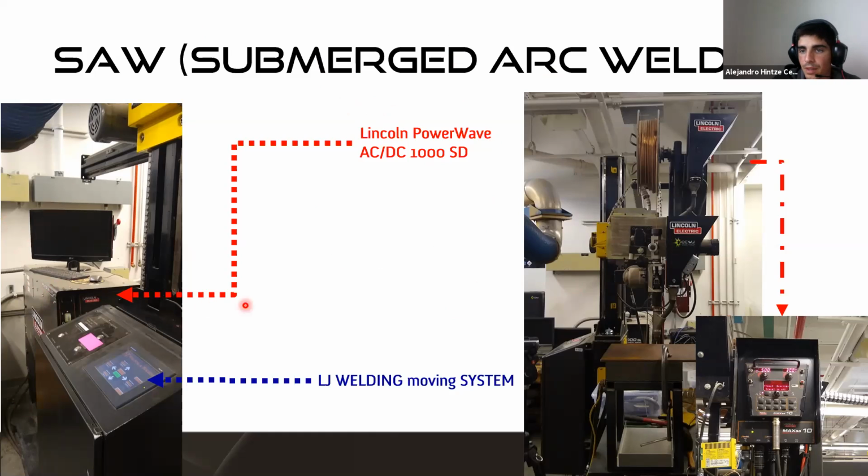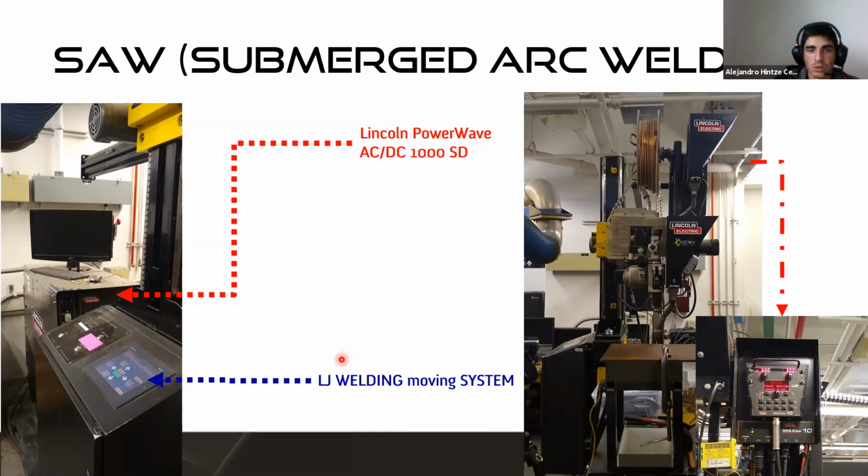All the system goes into these selection parameters, where you can choose not only the voltage but the current of your process, right? Once you set current and voltage, the wire feed speed is given by these two parameters.